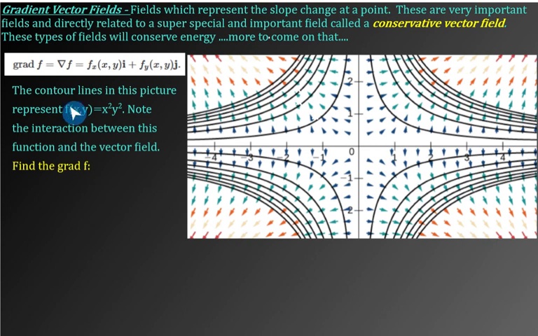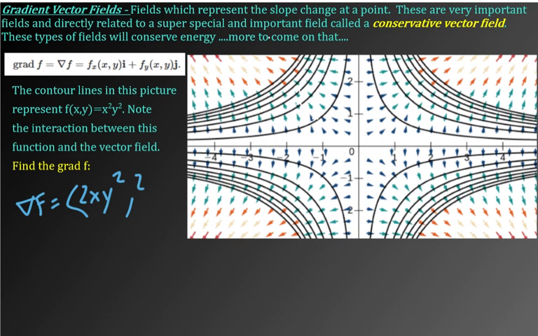So just as a quick reminder, because we haven't found gradients in a while, to find a gradient vector of this thing, you would just take the partial with respect to x. So we'd get this. And then we would have to take the partial with respect to y.